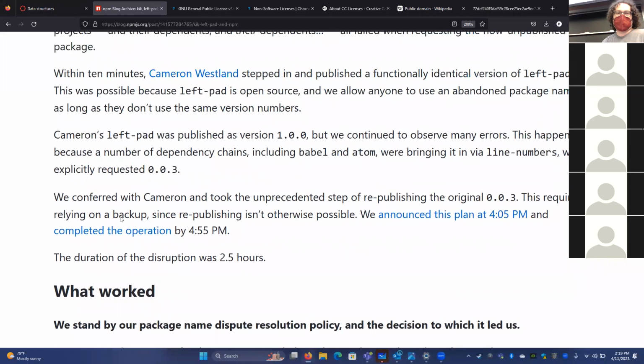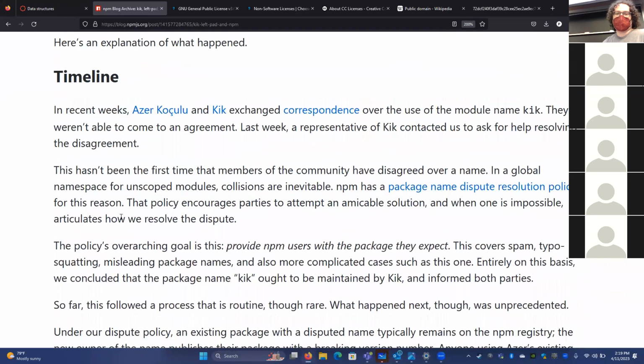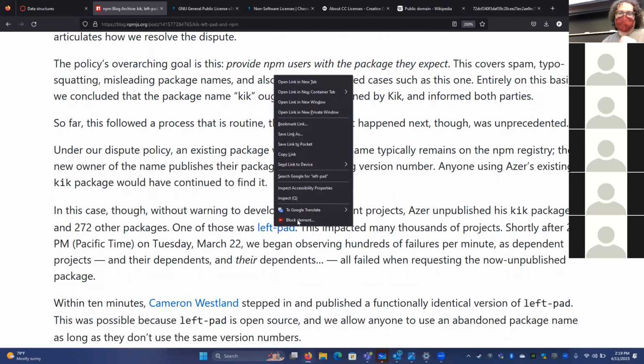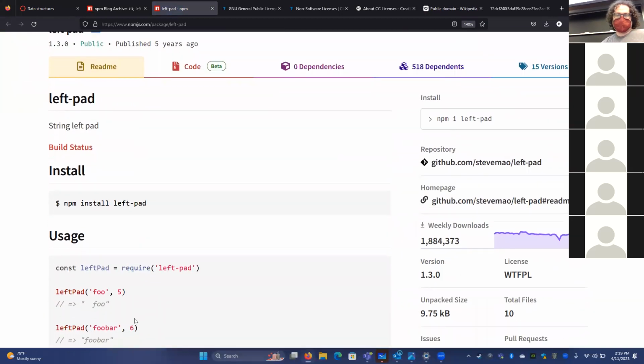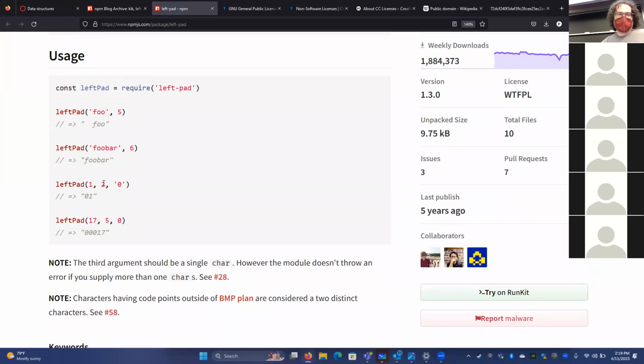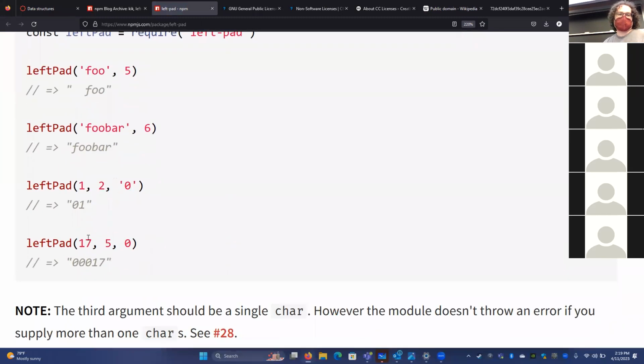But at the end of that, NPM sided with the company, and as a result, the developer, Azer Koçulu, I believe, decided to remove all of his packages, including one called LeftPad, which was weird, which is a very basic, early computer science assignment level of code, which does stuff like this.